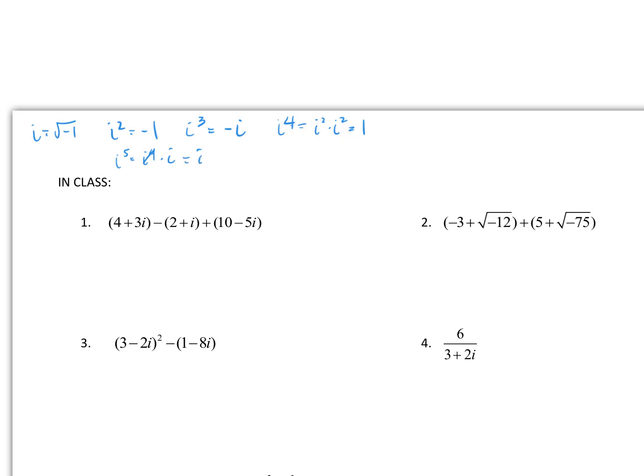All right. i to the sixth. Well, you can break it down into i squared times i squared times i squared. So it's negative 1 times negative 1 times negative 1, which gives me negative 1.